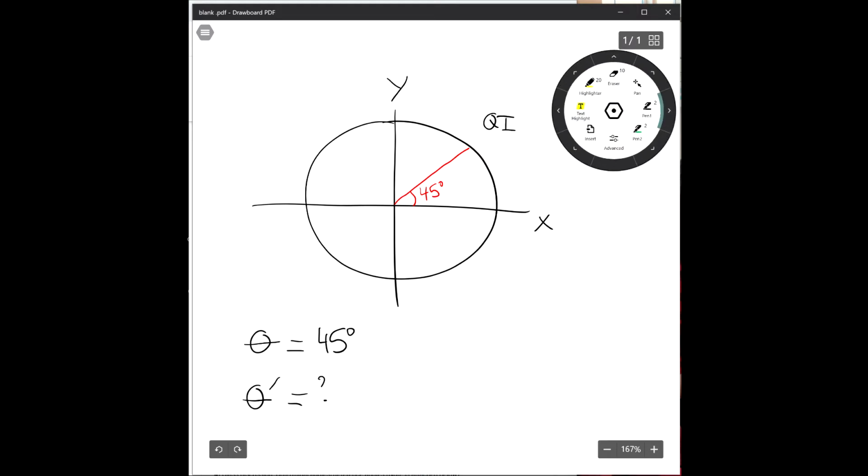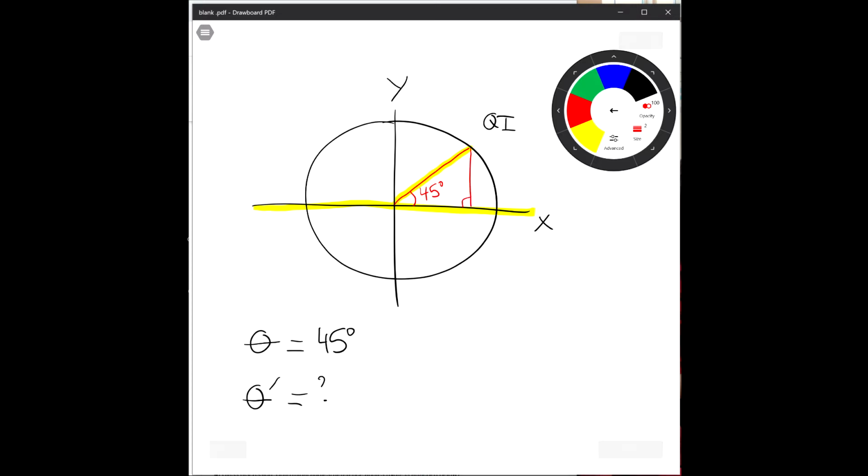And now we find the reference angle. I will highlight the original angle and the x-axis. From the original, I can drop down a line to make a right triangle, and we always drop it on the x-axis to make a right triangle.